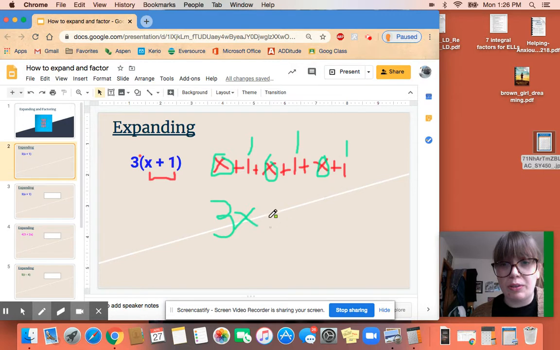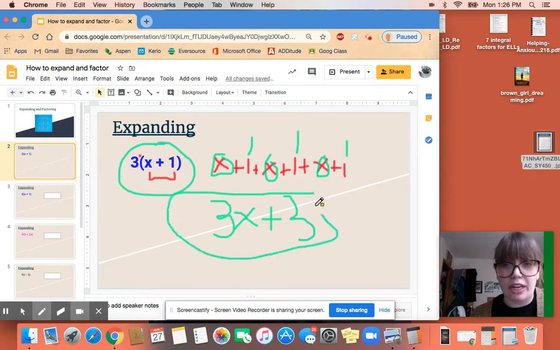If I add 3 1s up, it just becomes 3. Boom. So this right here in the blue is the same thing as 3x plus 3. Okay, that's one way of expanding expressions and putting them in this simple form.